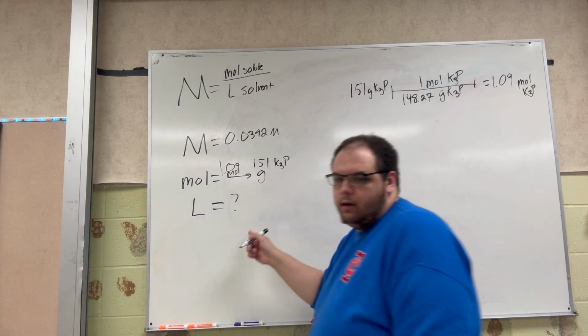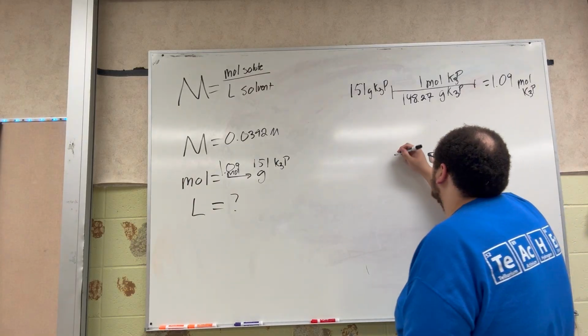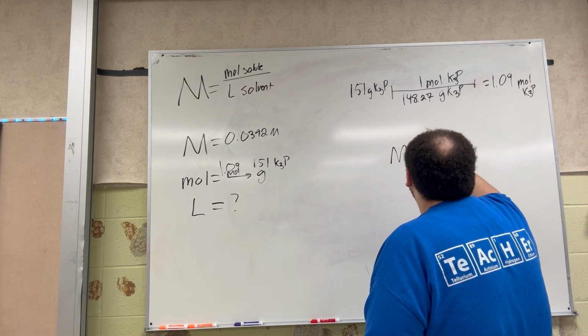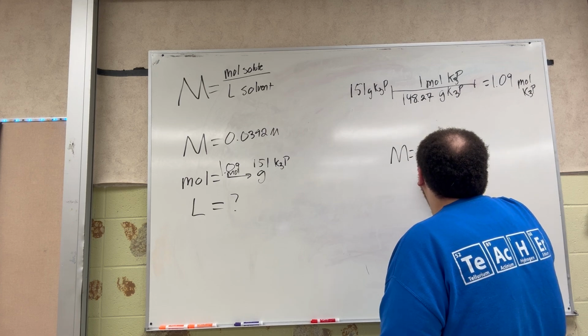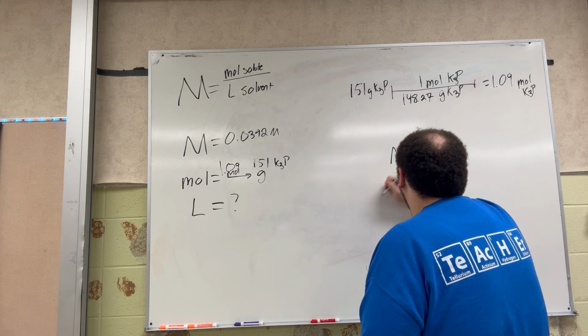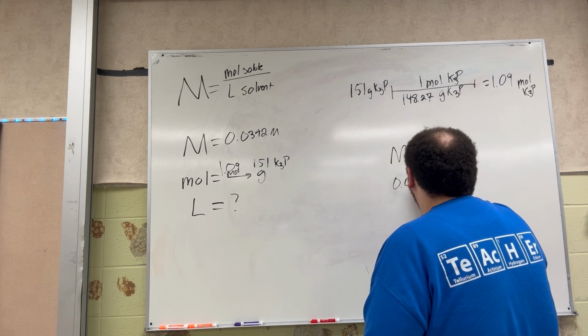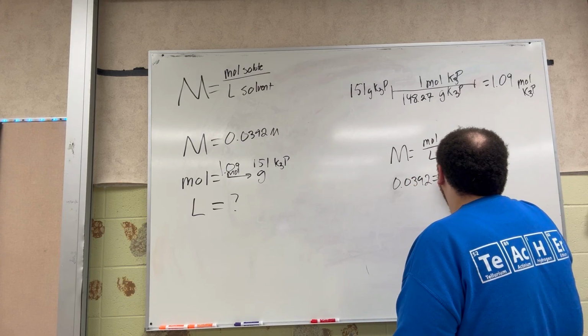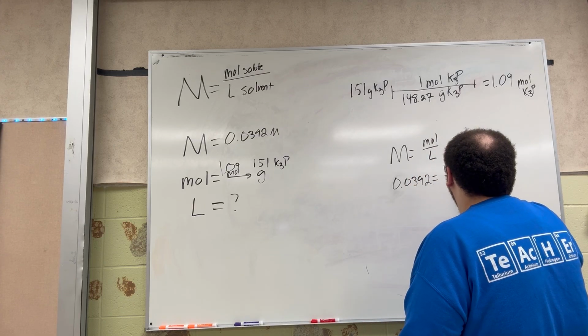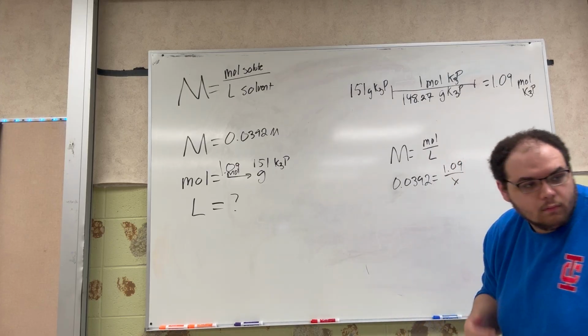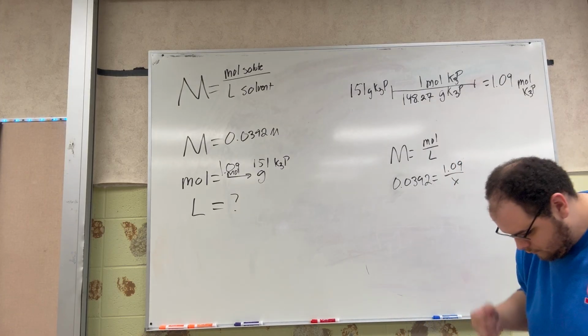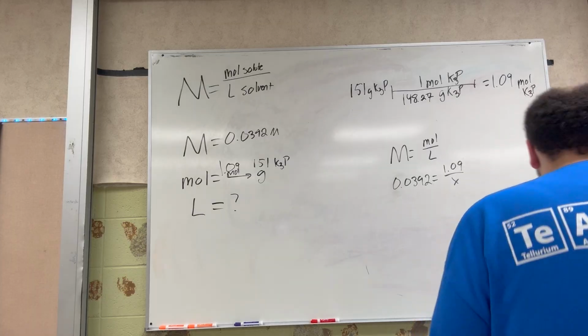So now that I have moles, I can finally solve for my volume using the molarity formula. It's 1.02. It's not 1.09?